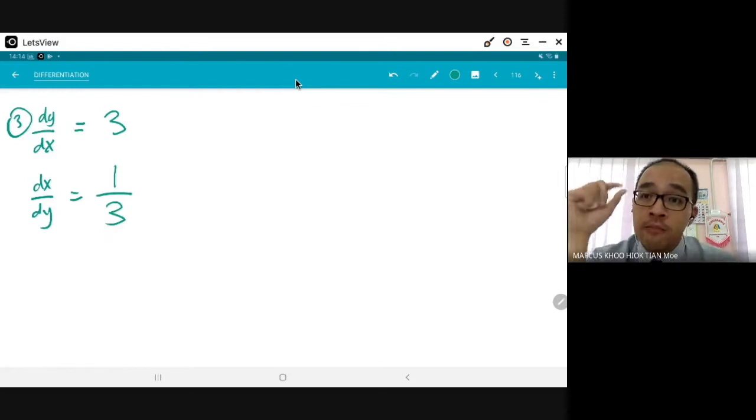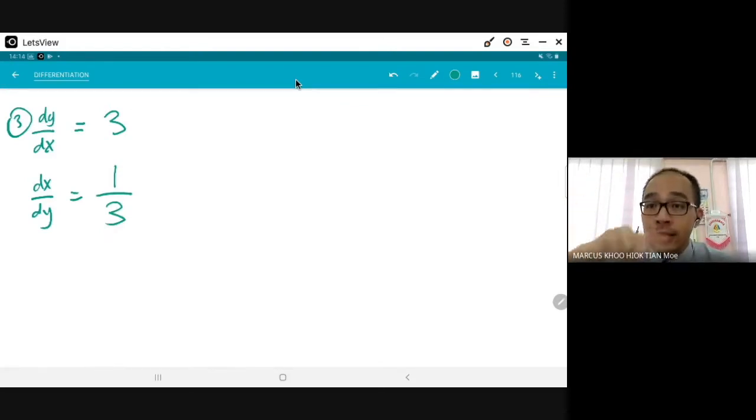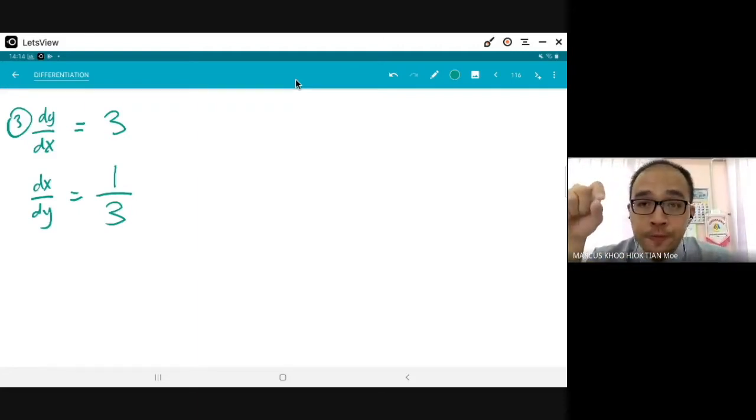This is a very important relationship you need to remember. I can inverse it sesuka hati saya. Sometimes kita kena masukkan ia ke dalam chain rule kita. I will talk about this in a while. But this third thing is very important.